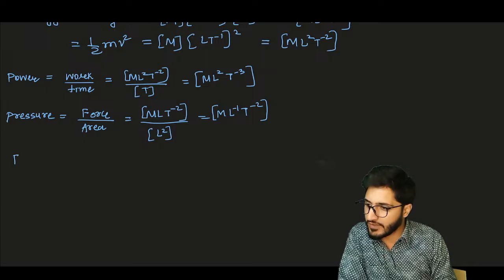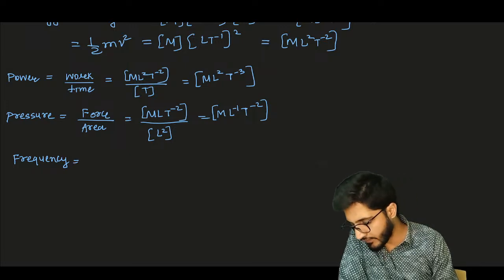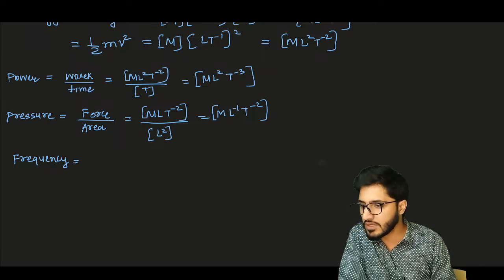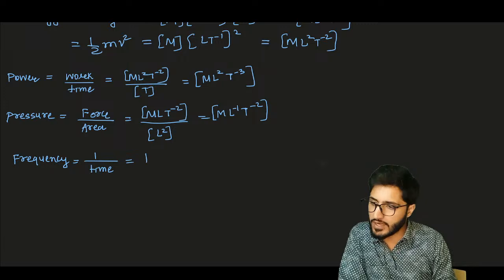We are having frequency. What is frequency? 1 upon time. So it is 1 by T. It came out to be T minus 1.